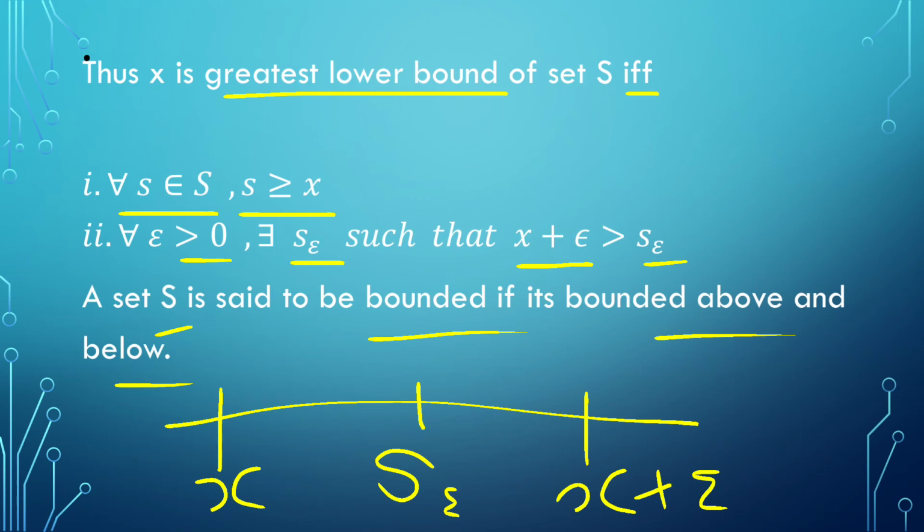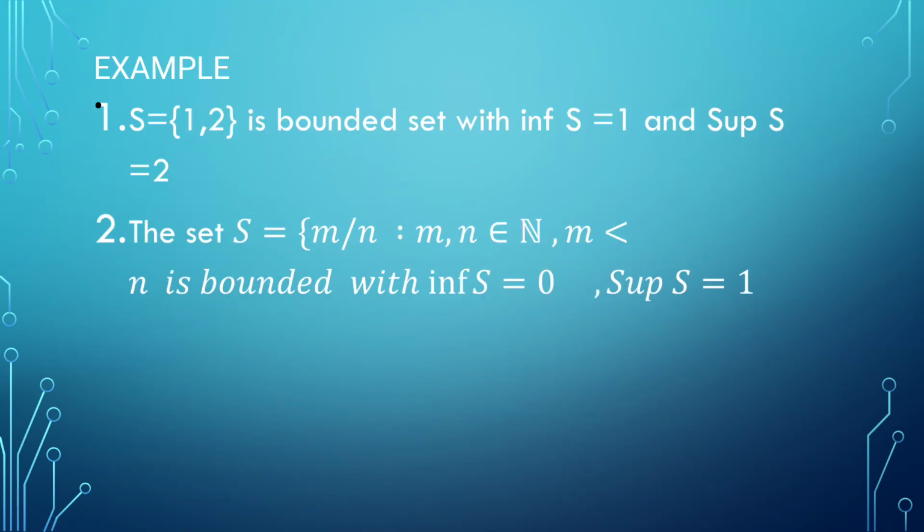Example: if S is this, the lowest possible lower bound here is 1, so the infimum is 1, and the greatest upper bound, which is the supremum, is 2.